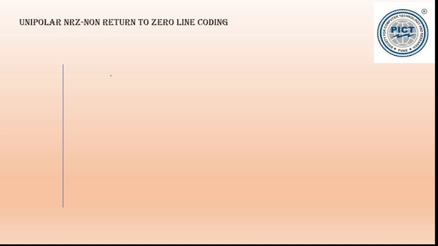First we'll take the binary bits that are to be transmitted from the transmitting end to the receiving end, and for transmission of these bits unipolar non-return to 0 line coding scheme is used. So let us draw the bits diagram here in the form of zeros and ones.